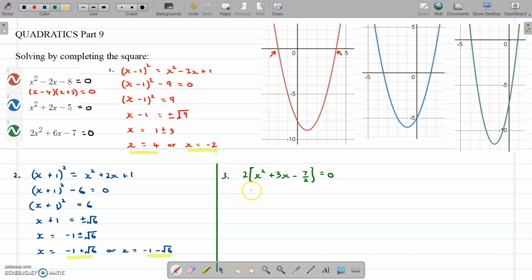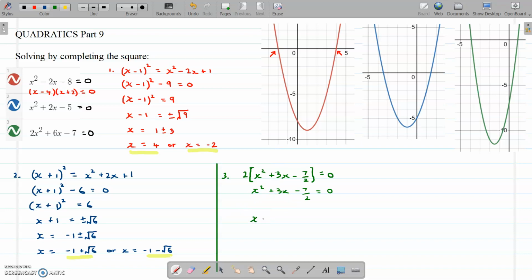So I can now say, I'll just rewrite it without the 2, x squared plus 3x minus 7 over 2 equals 0. Okay, and now I do exactly the same rules as I did previously. I have to halve the x coefficient, and then do the perfect square.